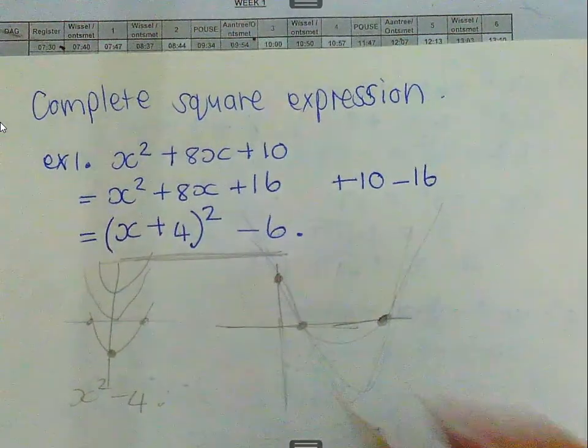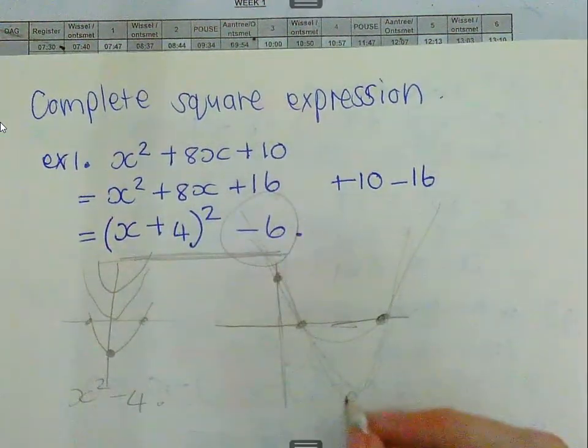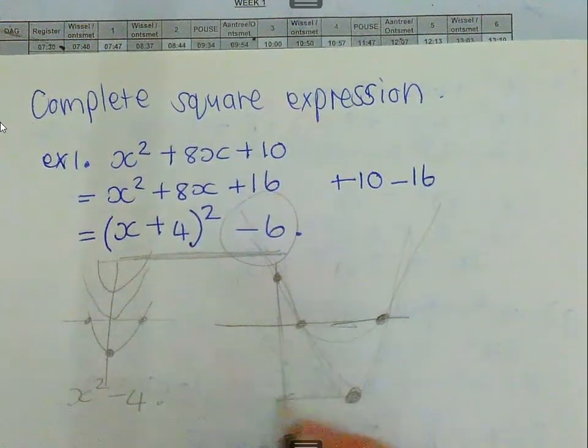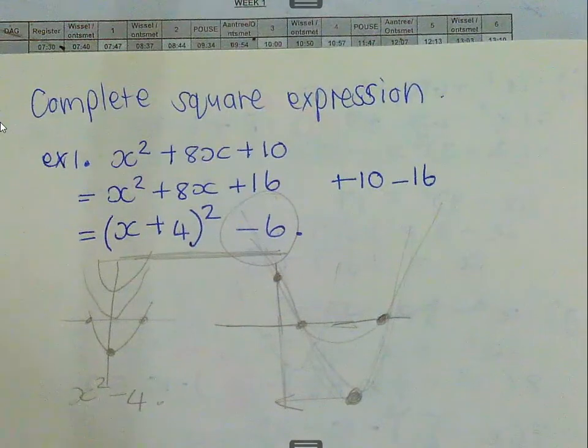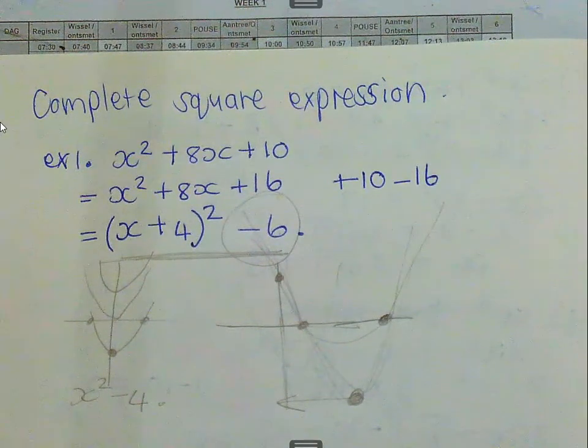Now the most important part about doing this is this minus 6, because it will be your turning point, the turning point's y value. Okay. And do you agree with me, when we have a happy graph, our graph reaches a minimum and then it goes back up. And when we have a sad graph, the graph reaches a maximum and then it goes down.